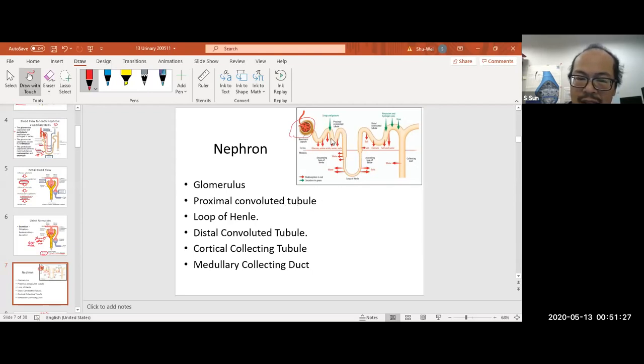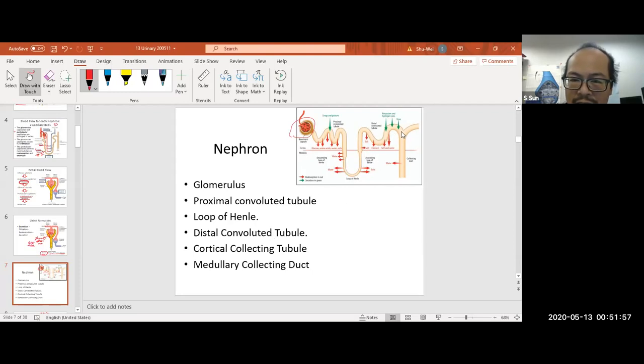And then we have this U shape, called the loop of Henle. In the loop of Henle, we have the descending and ascending limbs, coming out and coming back. And then we have the distal convoluted tubule.